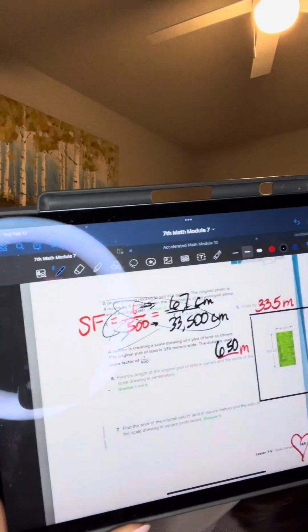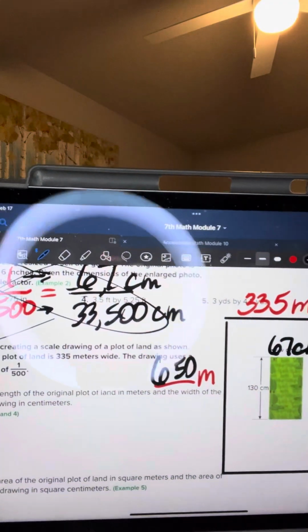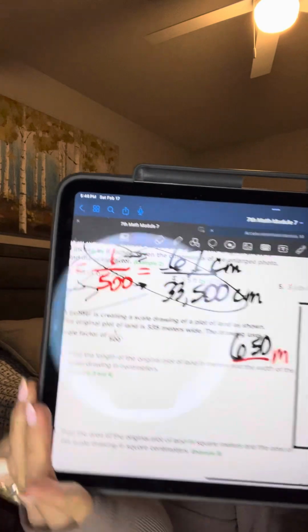So I will now write 67, and let me make sure, centimeters. Okay, so I have completed my proportional relationship there. And so I know now that the width of my scaled version is 67 centimeters. So I hope you were able to follow along with that for item number 6.